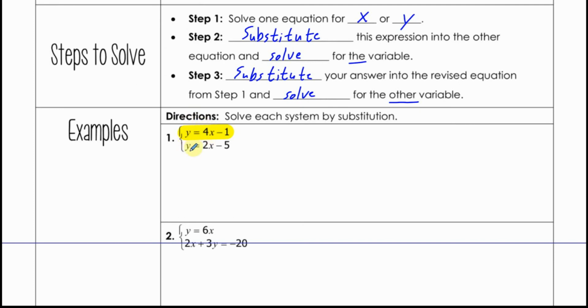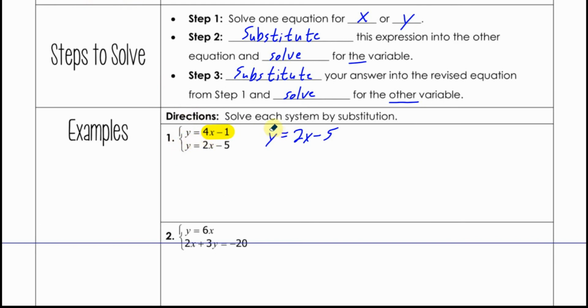So that means I can replace y with that something. So in your equation, y equals 2x minus 5. I know what y equals. Let me do this. This might help a little bit. Okay. So now I know y equals this.